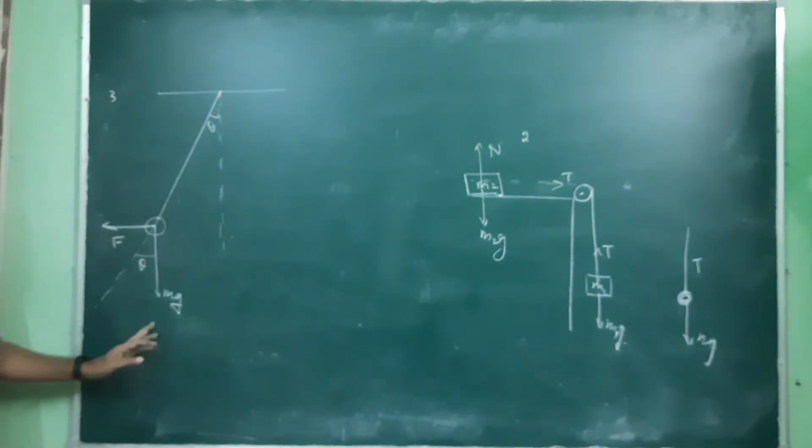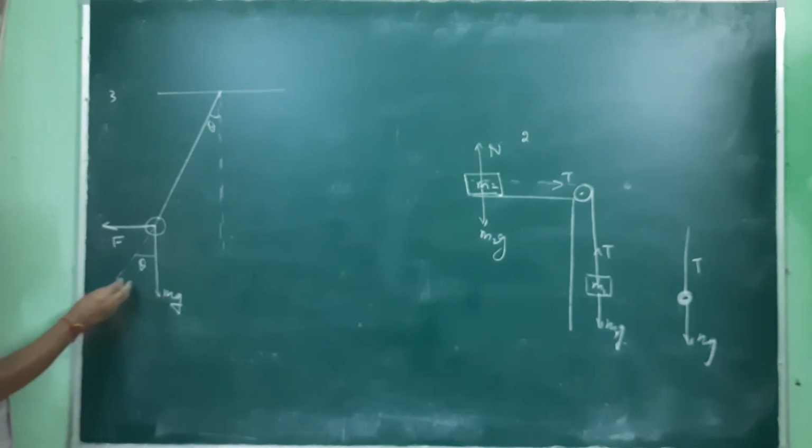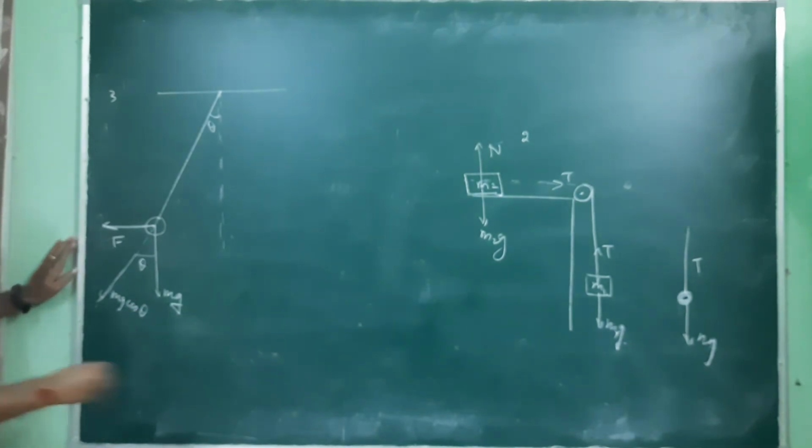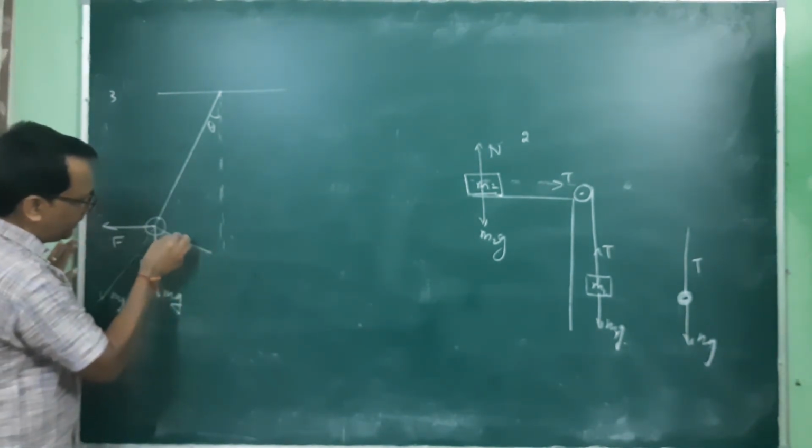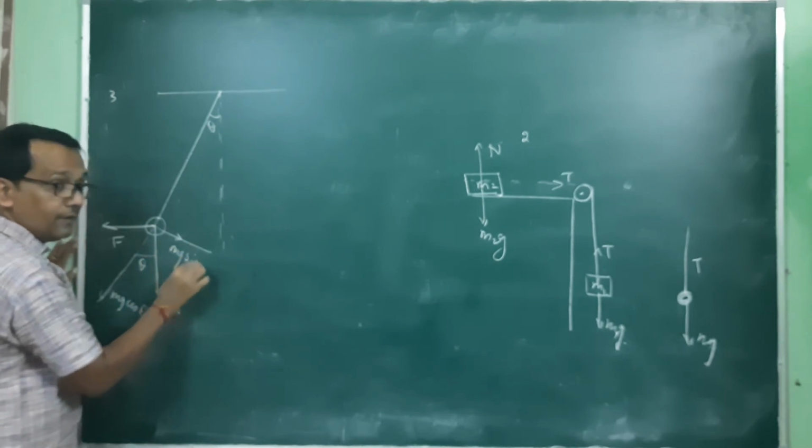We can take the components. In this direction the component will be mg cos theta. We know about the vector, and in this direction that will be mg sin theta, 90 degrees.